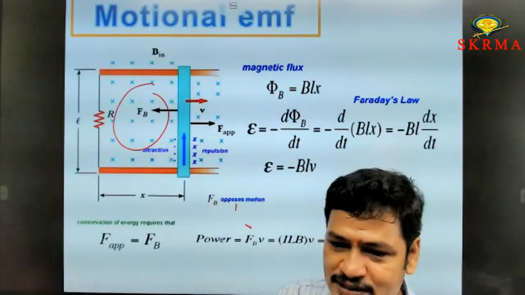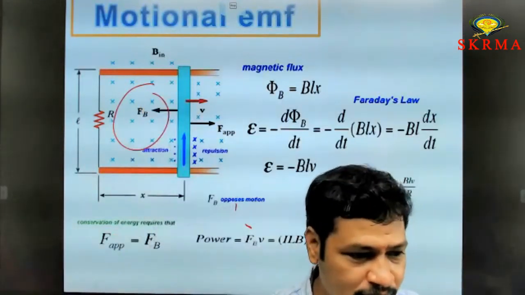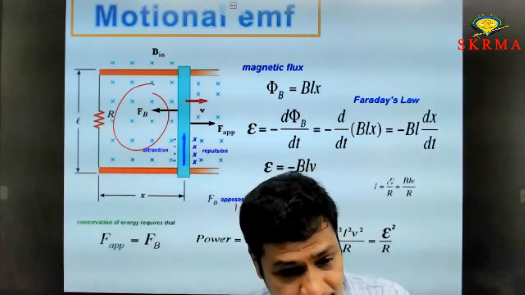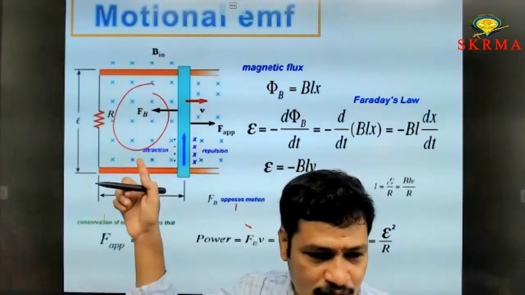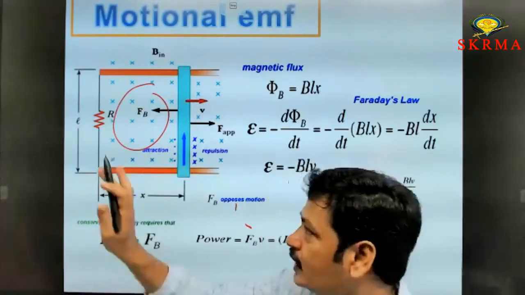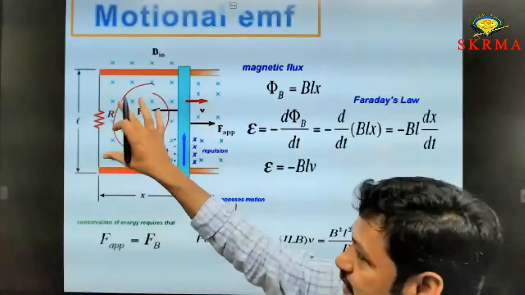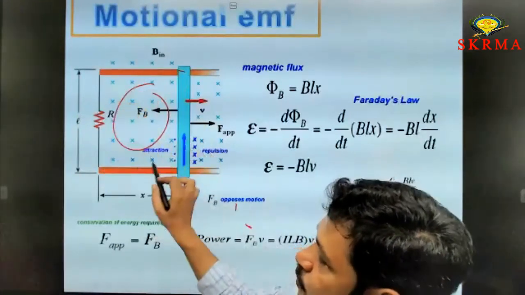Whenever flux changes, EMF is generated. That is motional EMF. EMF is generated by the motion of the rod of length L, and here the varying quantity is the area of the loop.